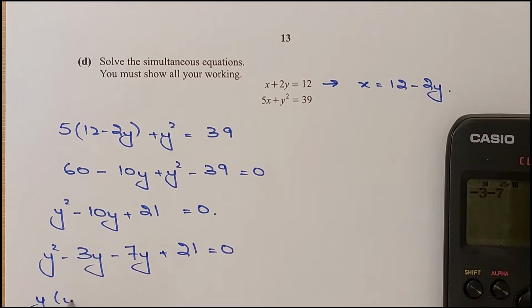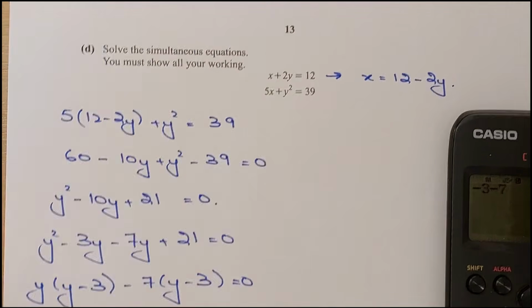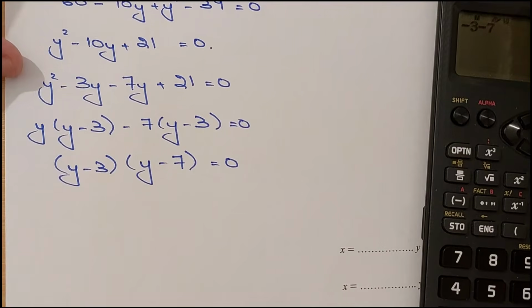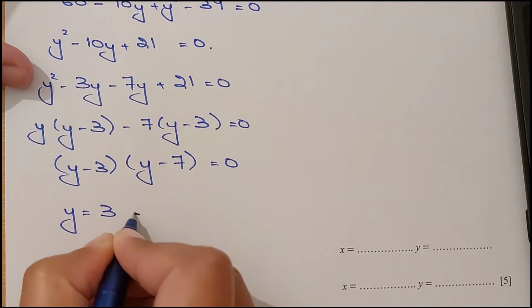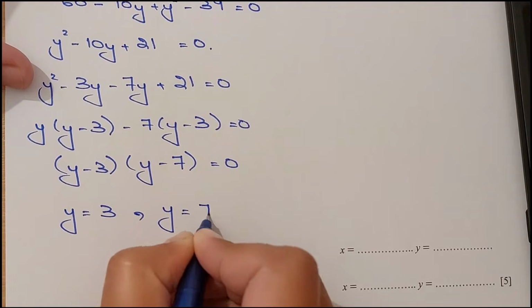Taking y common, y minus 3, negative 7 is common, y minus 3 equals 0. So the factors are y minus 3 and y minus 7 equals 0, right? Okay, so from here we have two values for y. y is equal to 3 and y is equal to 7, right?